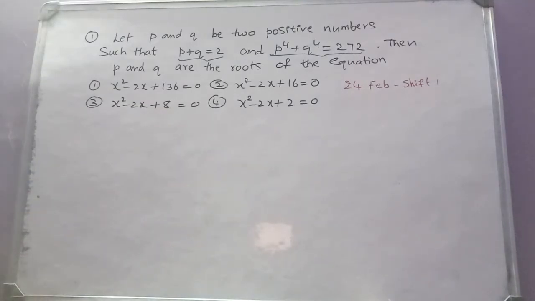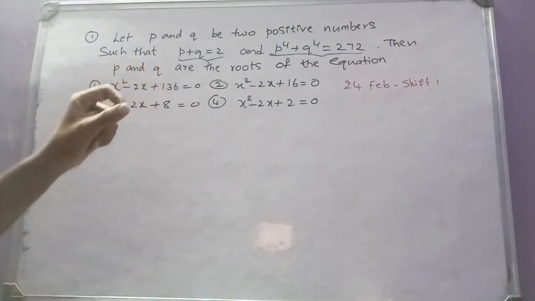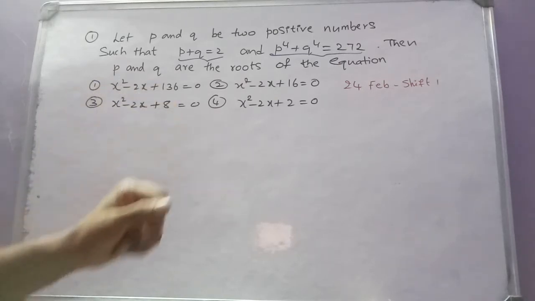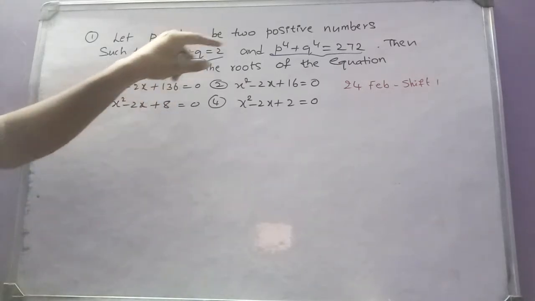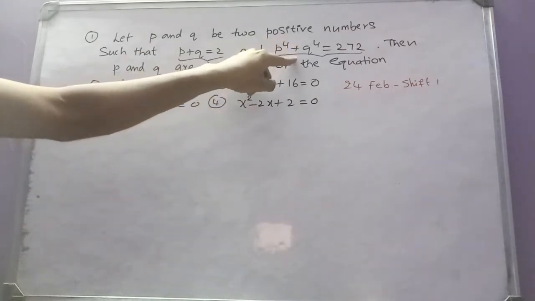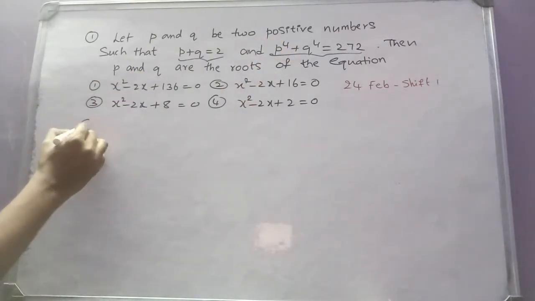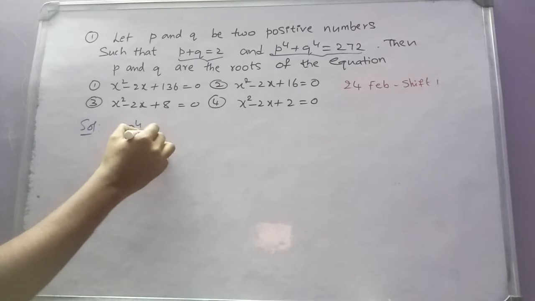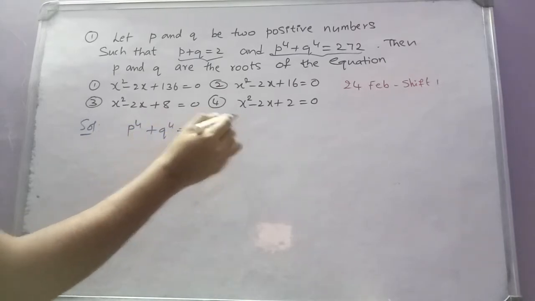So for that, if I want to find the equation, I should know what is P plus Q and what is P into Q. We already have P plus Q, we are supposed to find P into Q by taking the help of this. Now they have given that P power 4 plus Q power 4 is equal to 272.